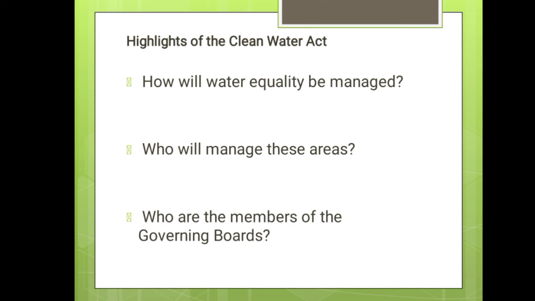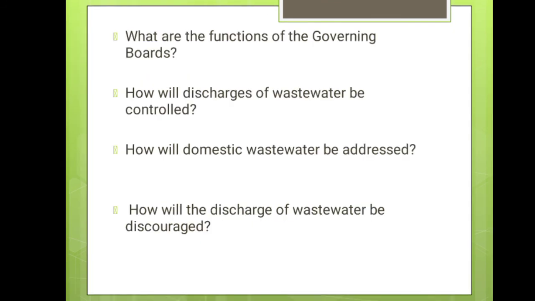Bali sila yung mangunguna to implement the Clean Water Act. Next is, what are the functions of the governing boards? Bali sila yung mangunguna, and they will formulate strategies to coordinate policies necessary for the effectiveness of the implementation of this act. They will create multi-sectoral group na mag-establish at magsasagawa ng water quality surveillance and monitoring.